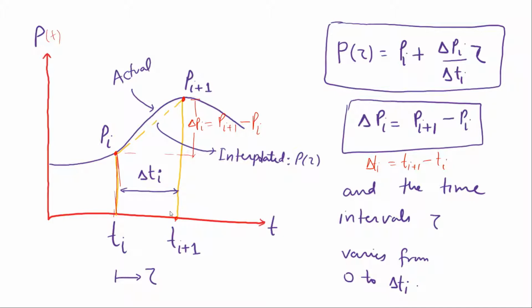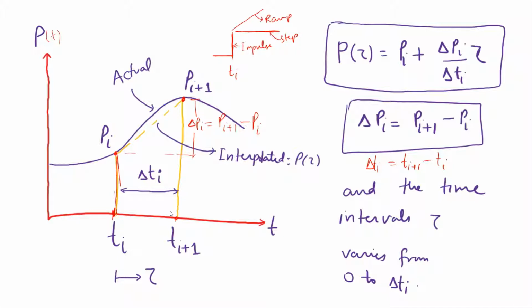Now at any time tau, we are considering this as an impulse. At t_i, we have this, which is the impulse, this is a step force, and this is a ramp.